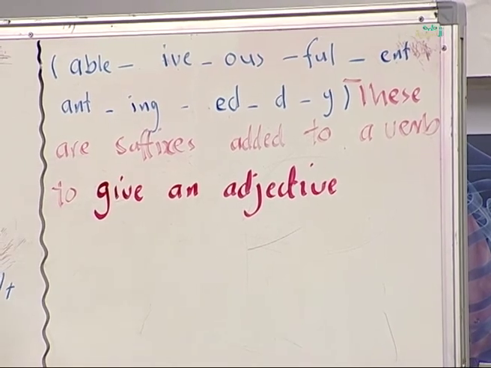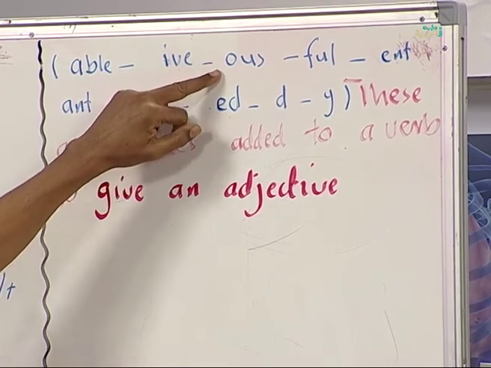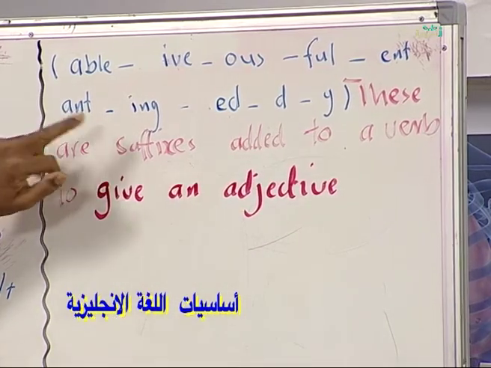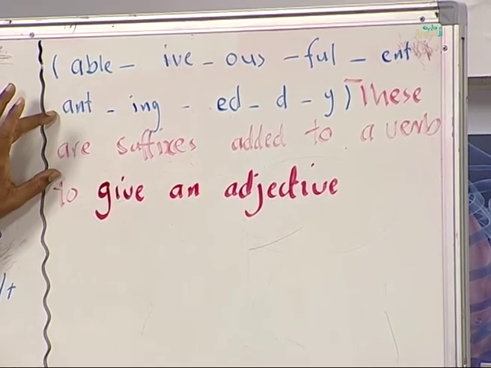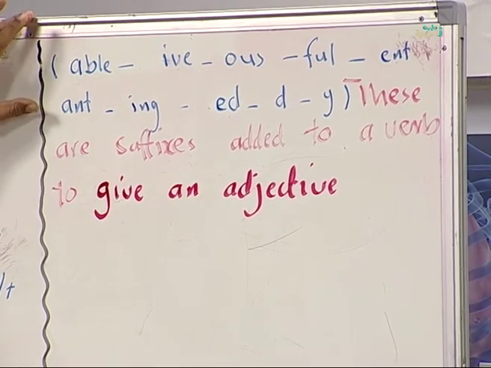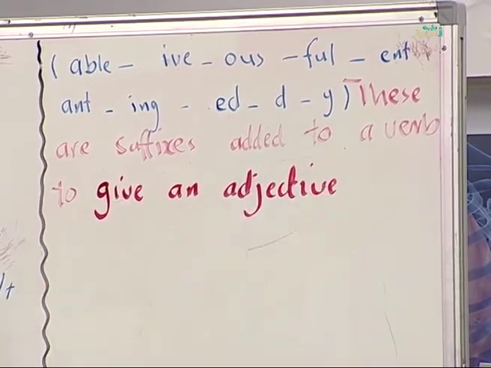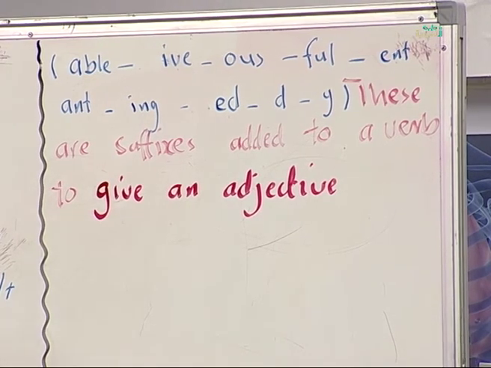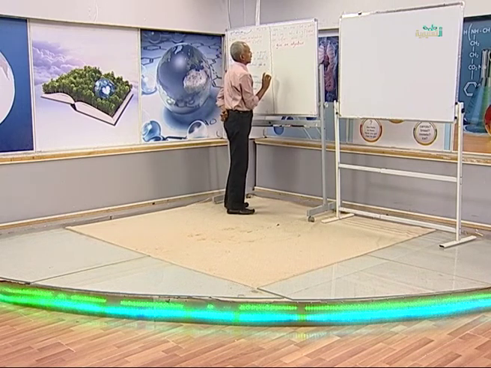Able, ive, ous, ful, ent, ant, ing, ed, d, and y. We add them to a verb to give an adjective. Now we are going to have these suffixes in detail.